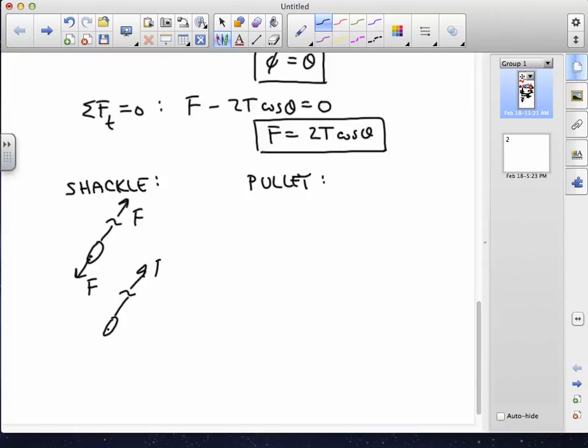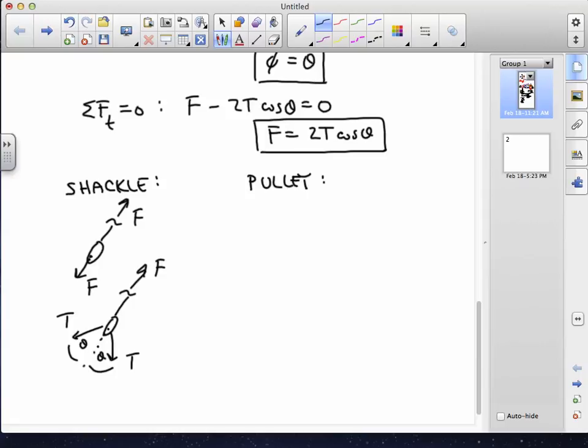We have our force F here, and then we could say that we have tensions T making angle theta on either side.